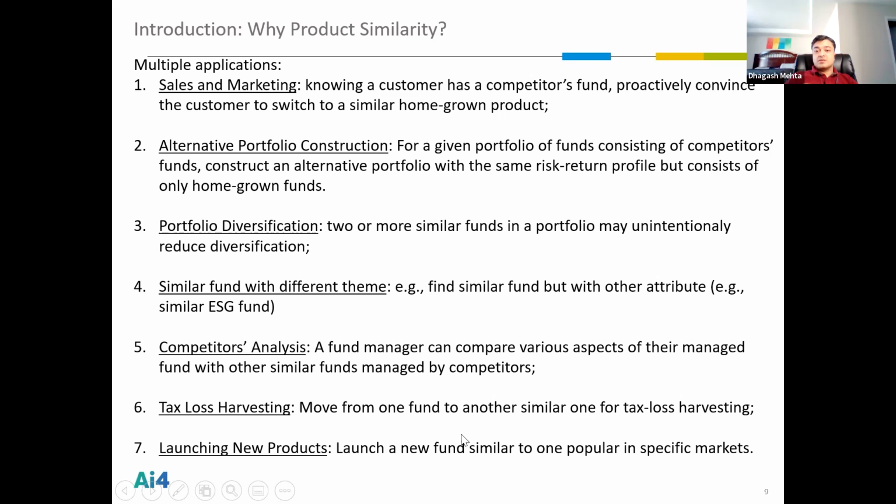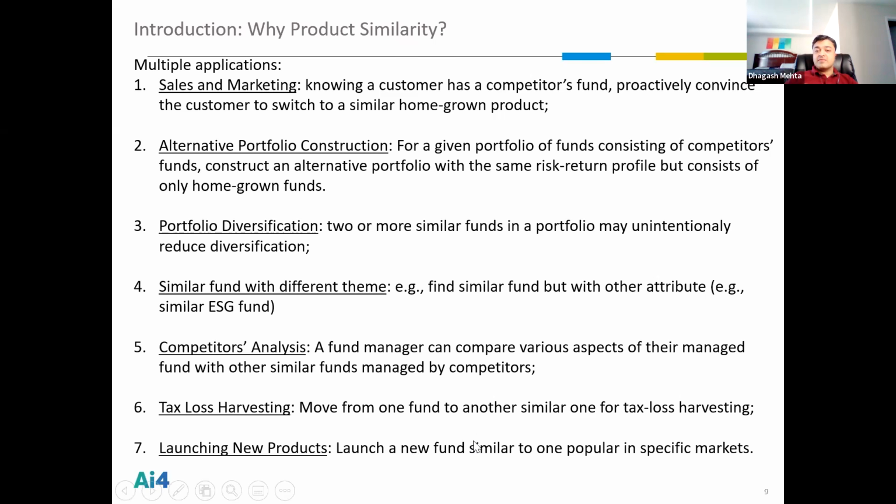Launching new products. So let's say you have found that a certain fund is picking up very rapidly in the market, but your own company does not have a similar fund to that one. And in particular, this similarity tool told you that there is no really closely similar fund to the one that you are investigating, meaning that there is a gap in the market or a gap in your company's portfolio, and it might prompt you to launch a product.